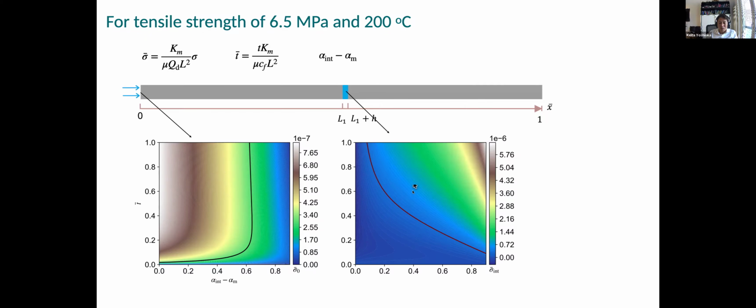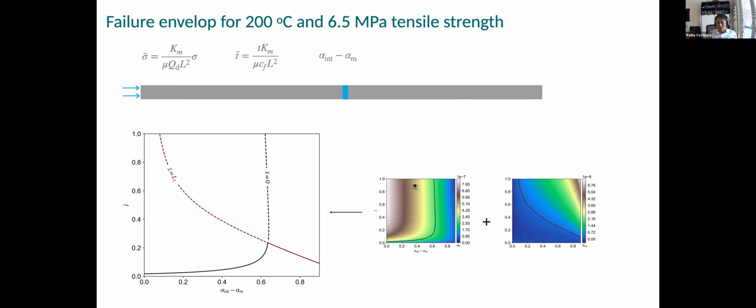So what does it mean? We can combine these two lines. This black line is the tensile stress corresponding to 6.5 megapascal at the injection point, x equals 0, and this red line corresponds to the tensile stress of 6.5 megapascal at the weak interface.